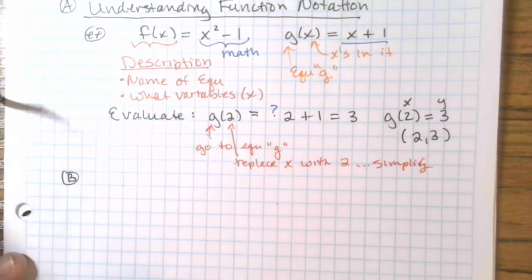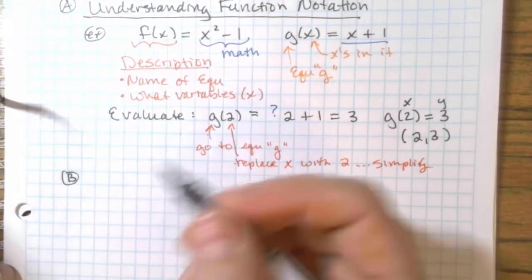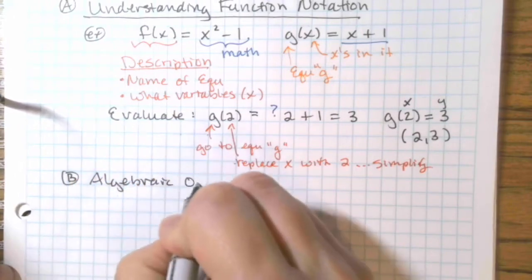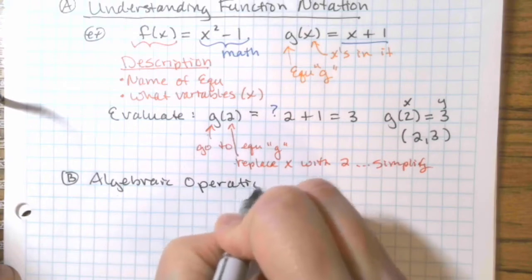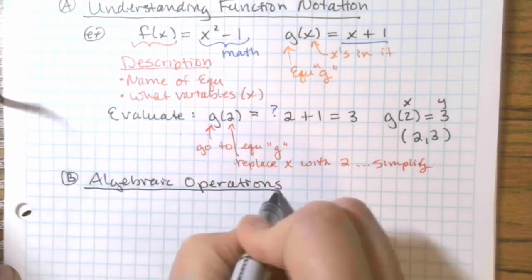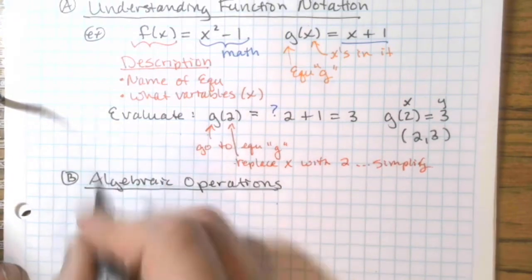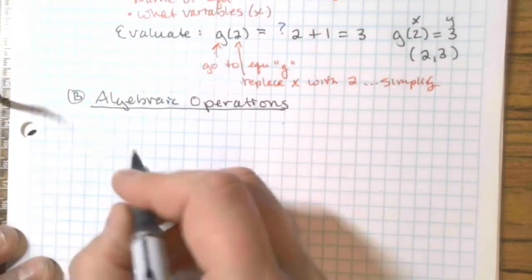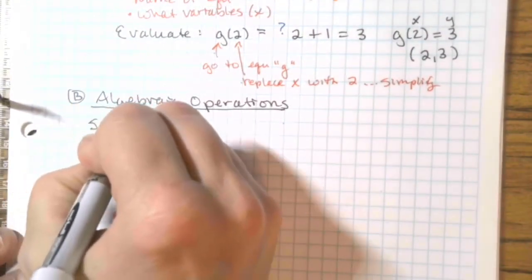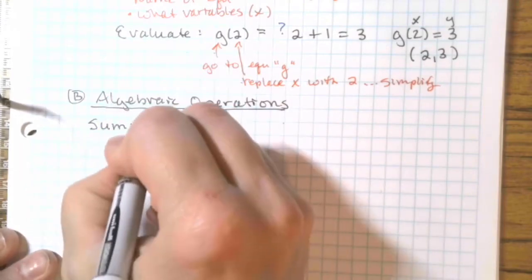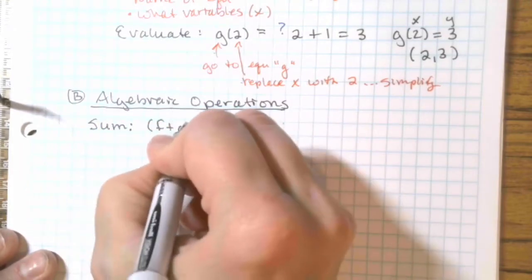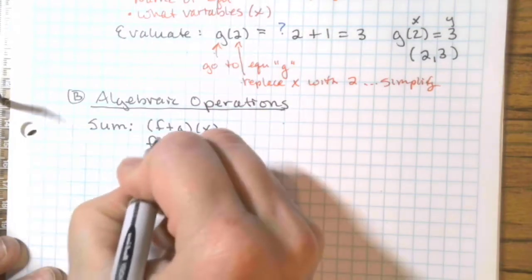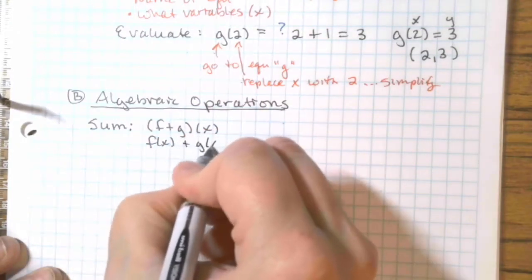Part B are your algebraic operations. Okay, we want to pay attention not just to the operation, but how you write it. So a sum is written f plus g of x, or it can be written f of x plus g of x.